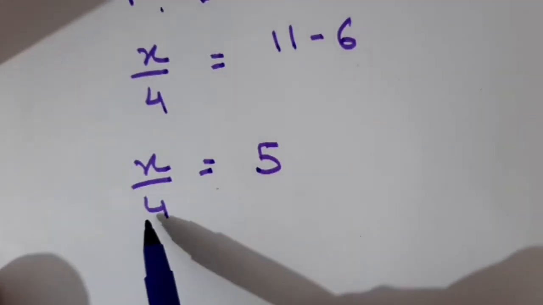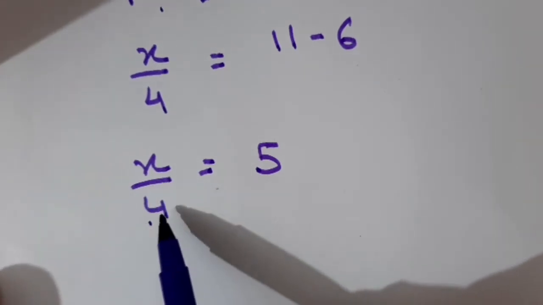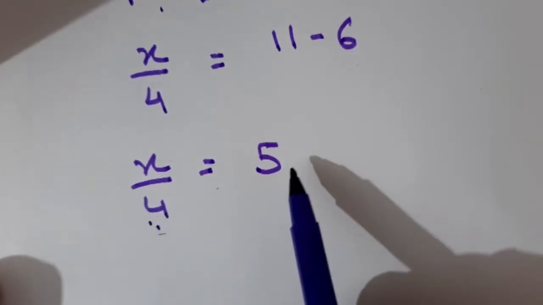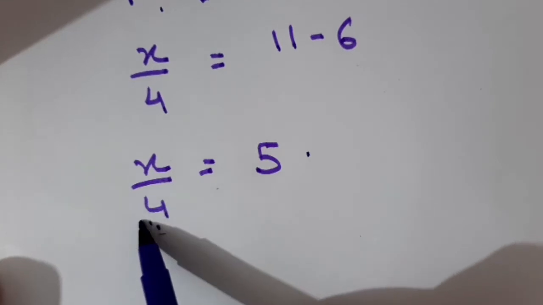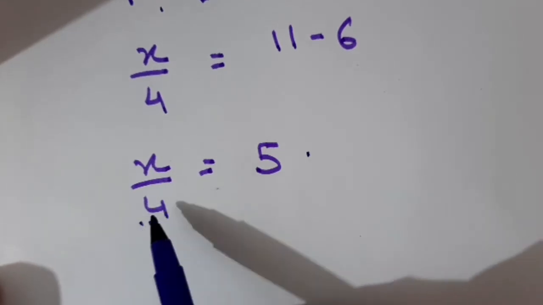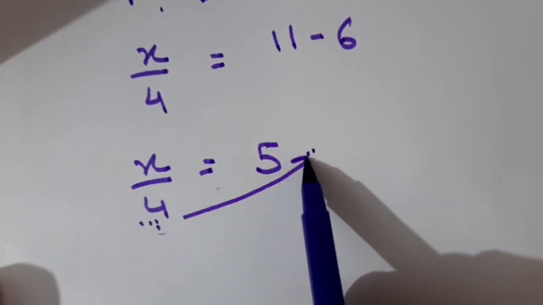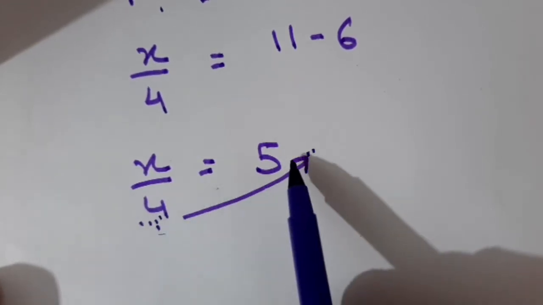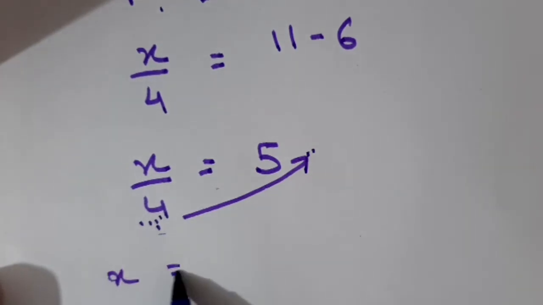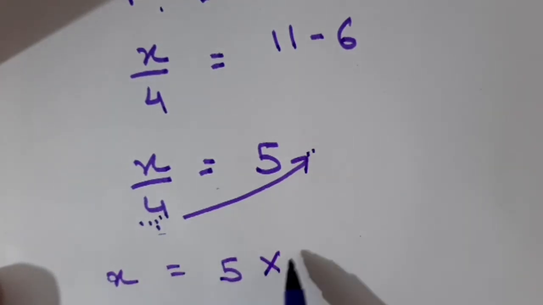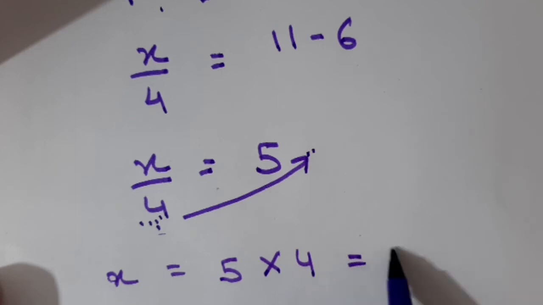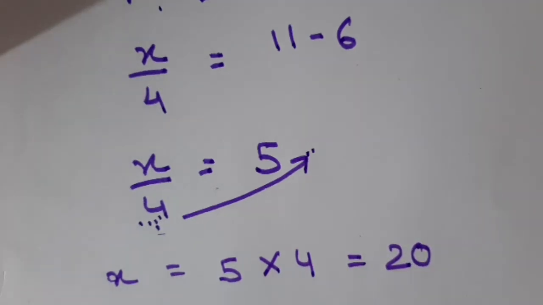Now I'll transpose this 4 from my LHS to RHS. See, here 4 has the divide sign. So when it shifts from LHS to RHS, this divide will become multiply. So here it will become x is equal to 5 into 4, that is 20. So the value of x is 20.